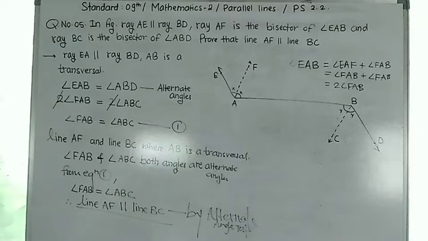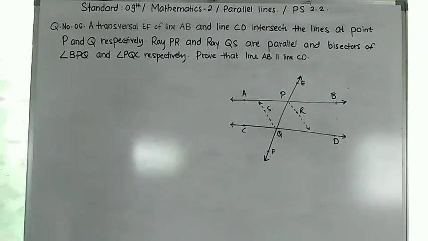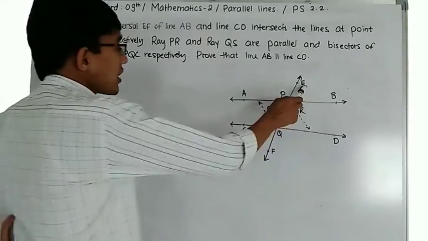Now let us see the last question of practice set 2.2. A transversal EF of line AB. Okay, so there is a transversal EF.